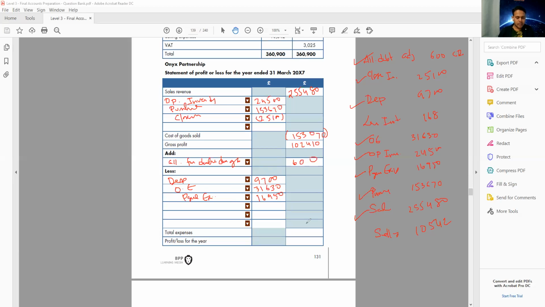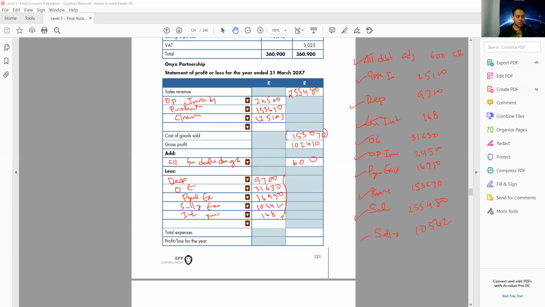And then we have selling expense, that is 10,542. Then we have the loan interest paid, the last one. Interest paid, 168. So the total expense, can you add all of this to find the total expense?